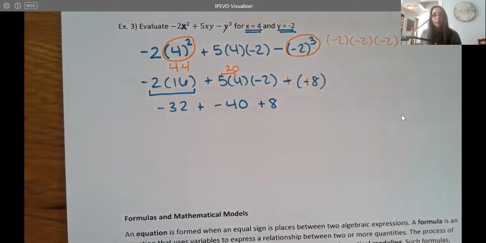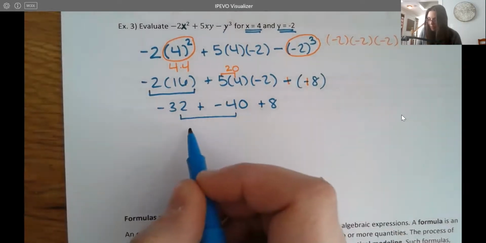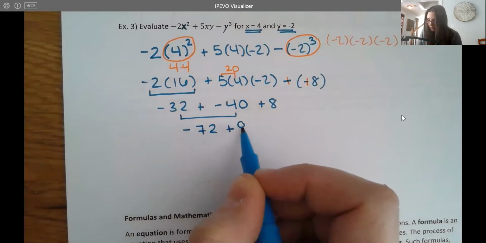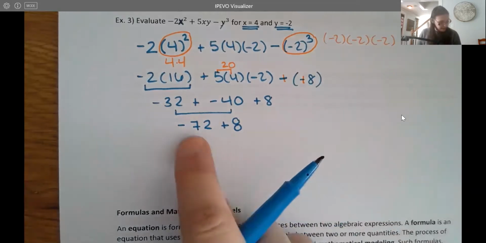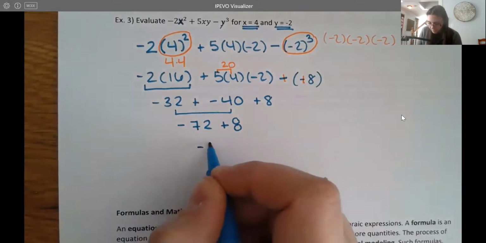Next, adding and subtracting from left to right. So here, negative 32 plus negative 40 is negative 72. And then I have negative 72 plus positive 8, which is going to be negative 64.